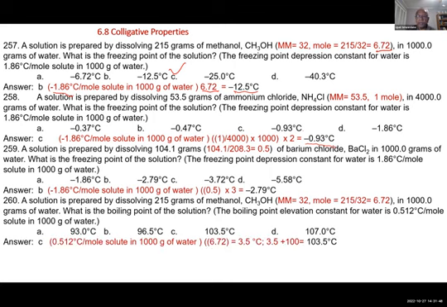This is again boiling point elevation. That constant is 0.502. Freezing point depression per mole is 1.86. So according to this, number of moles of methanol is same as in the previous one, 215 gives the same answer, number of moles here.